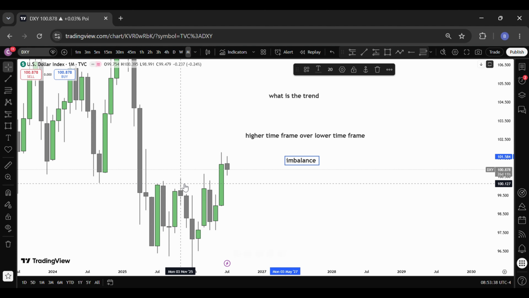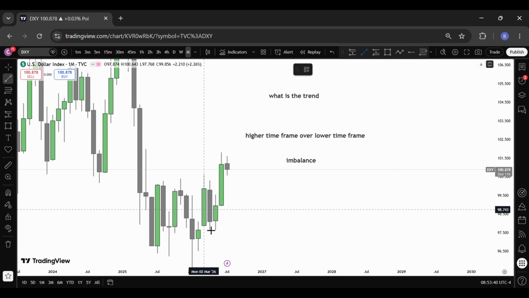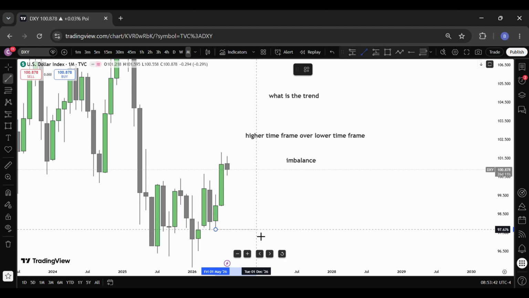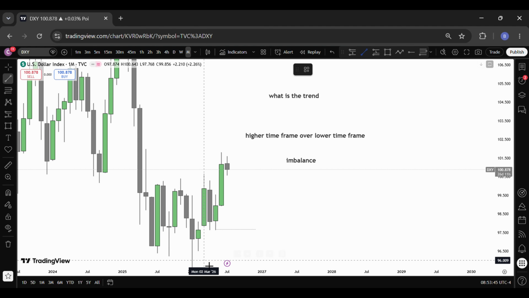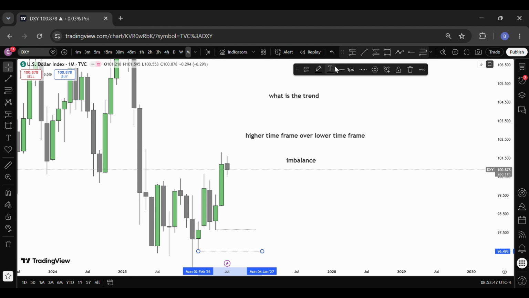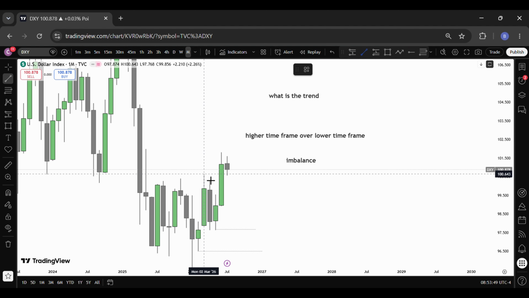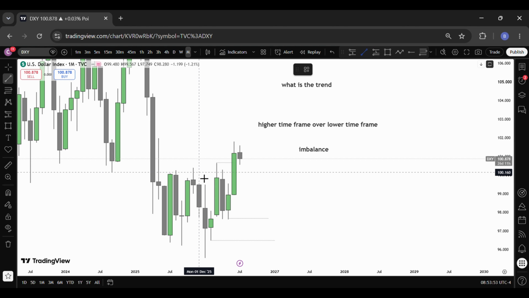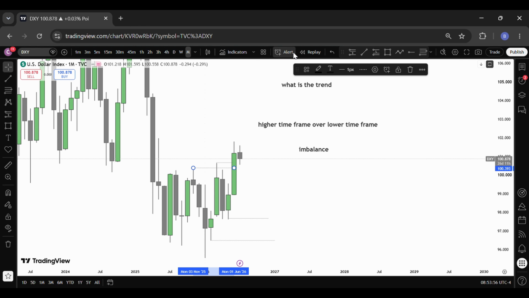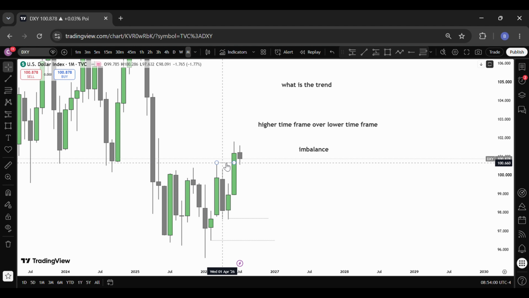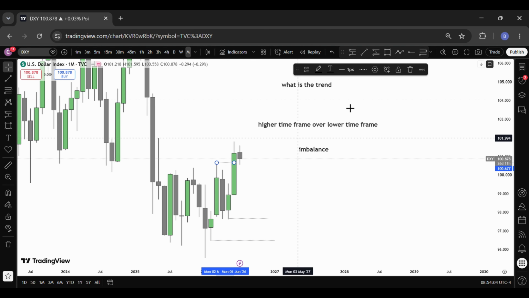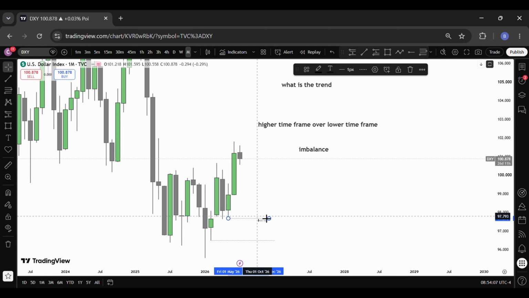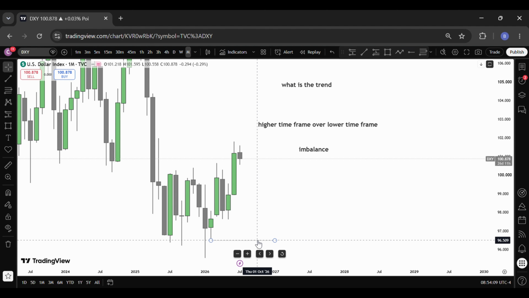We can clearly see price has been respecting sell side liquidities, and sweeping buy side liquidity, and also not just sweeping, but closing above the buy side liquidity, because you can obviously see this candle closed above this buy side liquidity. These are things you need to pay attention to.